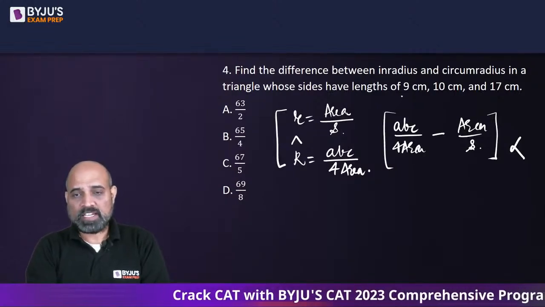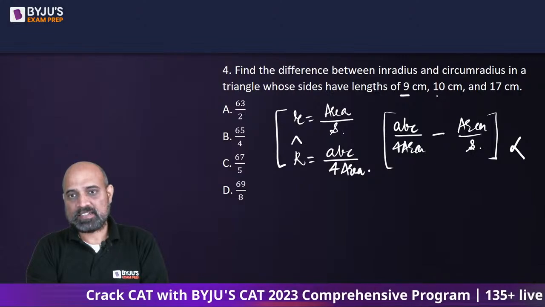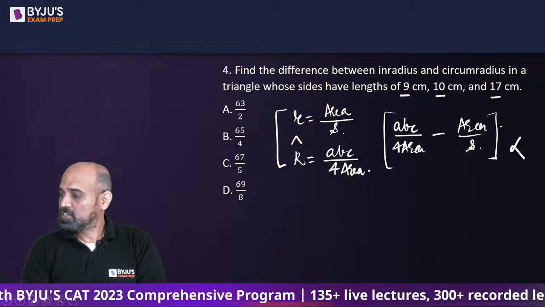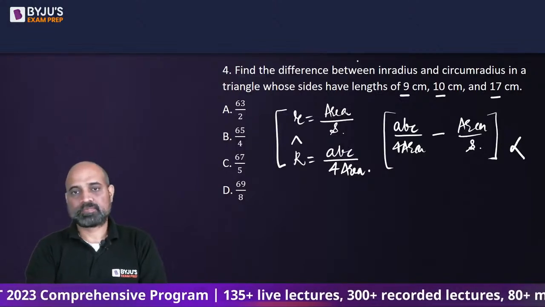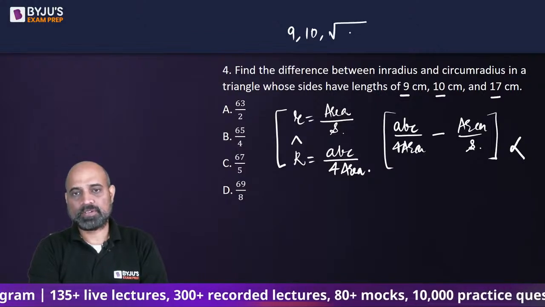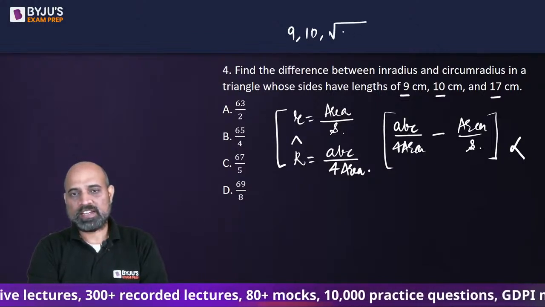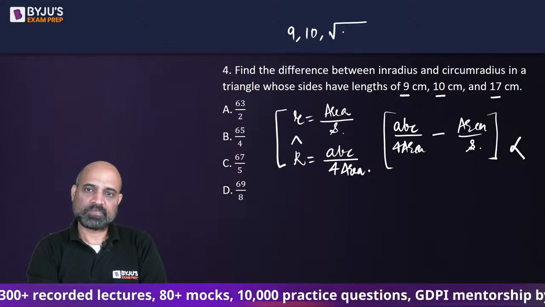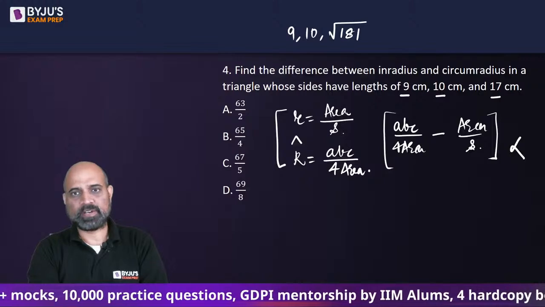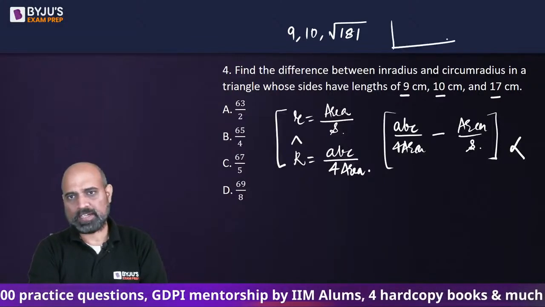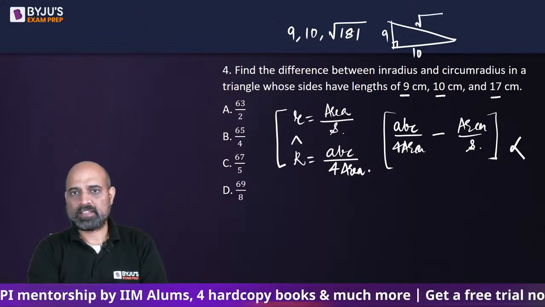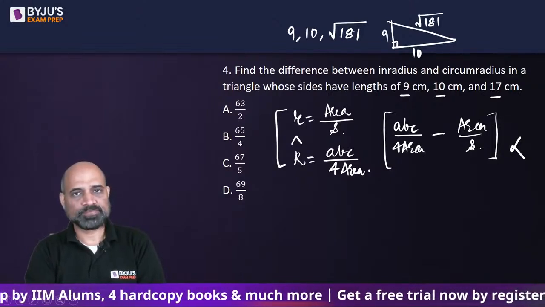So what I'm going to do is, I'm going to take the sides as 9, 10 and 17 जो है, under root 17 की जगह 100 plus 81, under root 181. Can I say this will form a right angle triangle, a perfect right angle triangle? This is 9, this is 10, and the hypotenuse is what it is supposed to be.